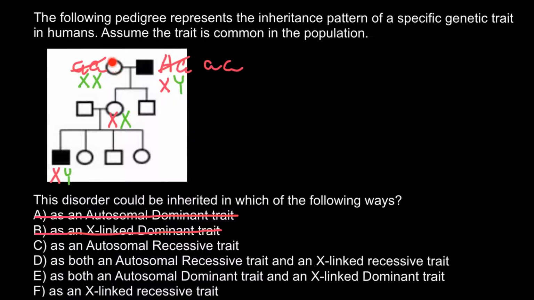And that means that the genotype of this female has to be normal, so two normal dominant alleles, capital A and capital A. In this scenario, the genotype of this female would be capital A and small a.